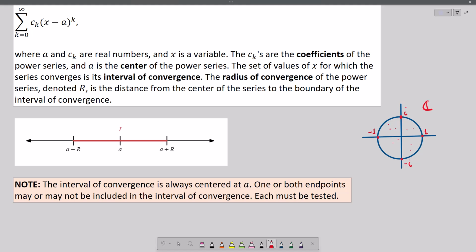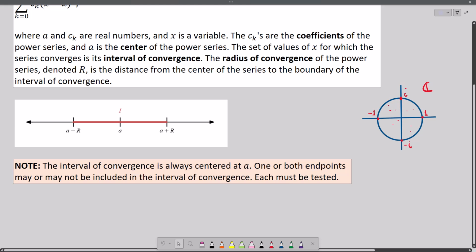So if this interval here was from -1 to 1, like it is for the geometric series, and you start plugging in -0.1 plus 0.1i, you'll get convergence. So you can plug in all the imaginary numbers that are within that disk, and you will get a convergent series, which is a little bit mind-blowing. So that's why we call it the radius of convergence, because there really is a circle or a disk of convergence.